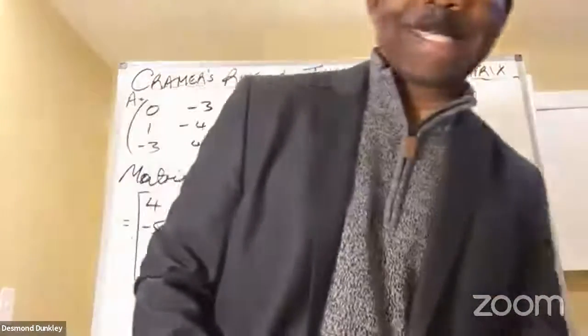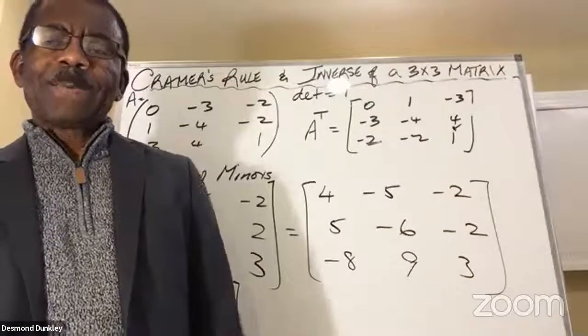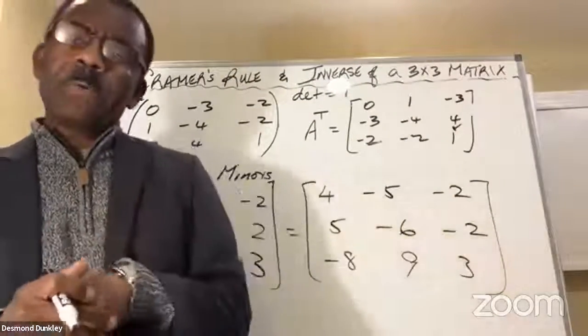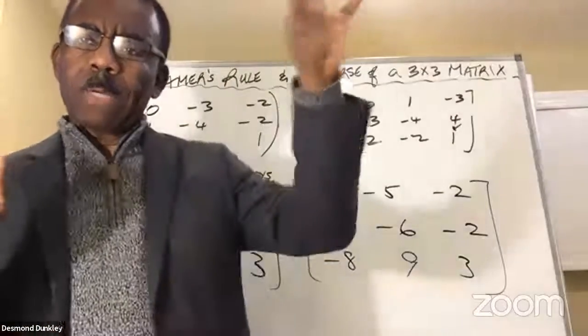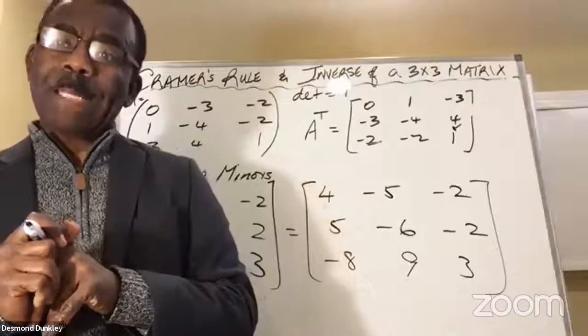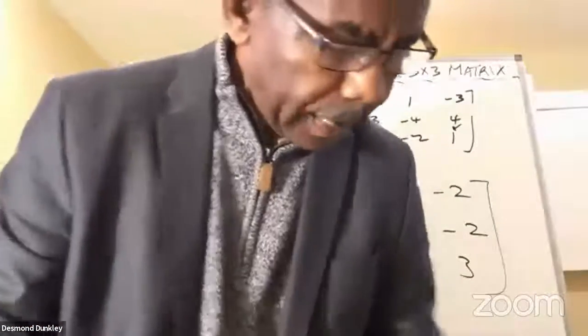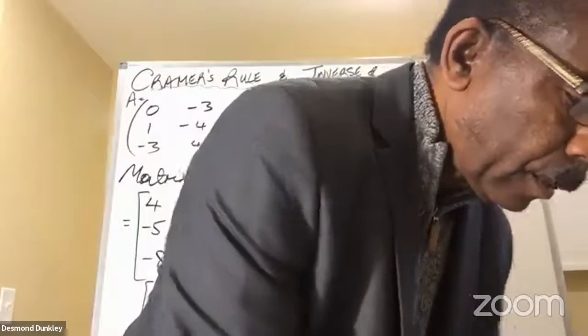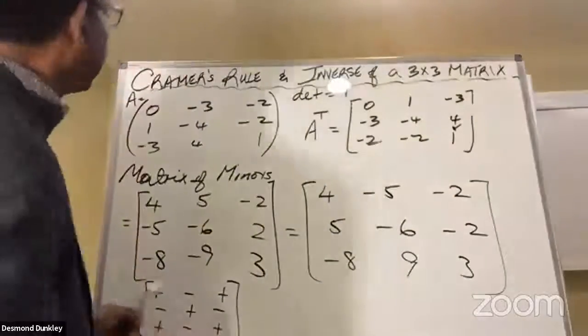So that's a lot of stuff that just went down just now. So what I'm going to do is, I'm going to do another set. So I'm going to give you the original, and we're going to find the inverse matrix, okay? So using a different set of matrices.